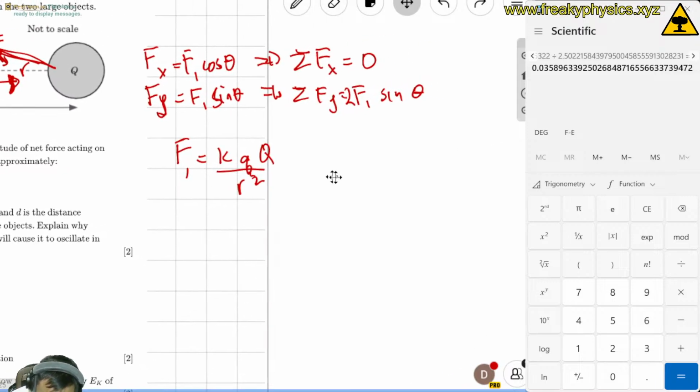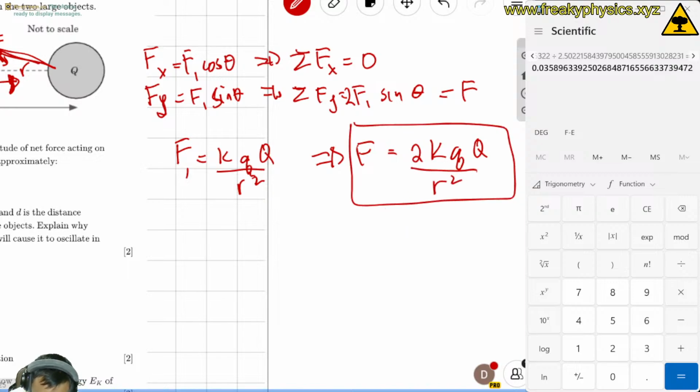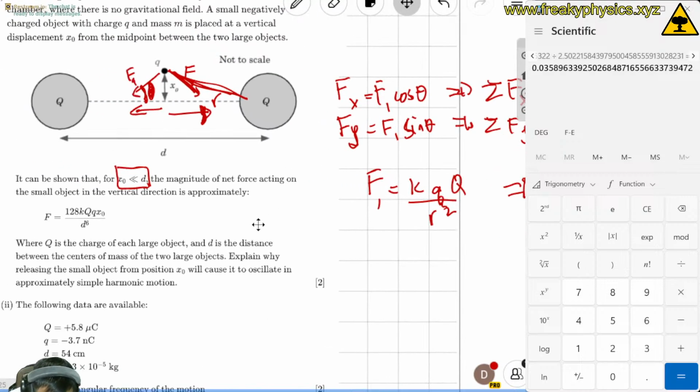So in this case, our actual total force F, our overall force, will be equal to 2k, then the two charges all over r squared. So we have something that kind of looks like what we already have, right?